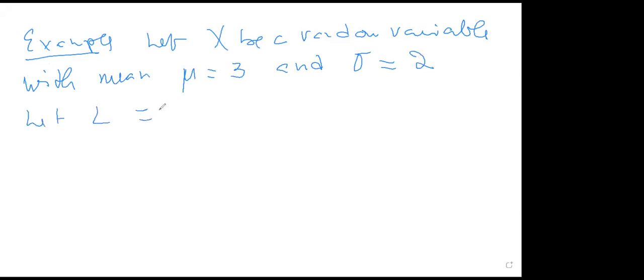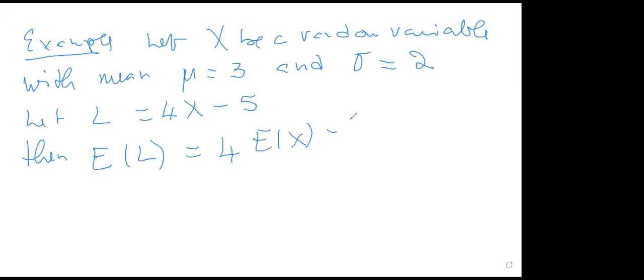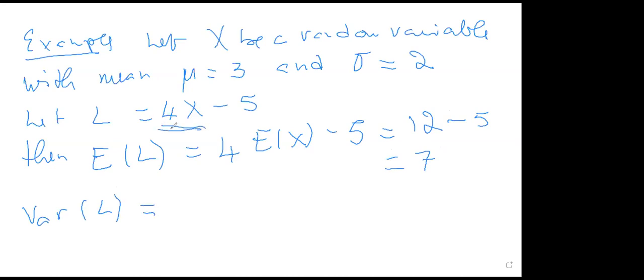Let L equal 4x minus 5. Then the mean of L will be 4 times the mean of x minus 5. The mean of x here is 3. 4 times 3 is 12. 12 minus 5 equals 7.